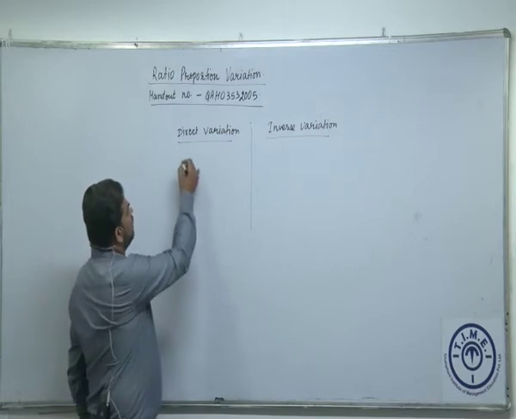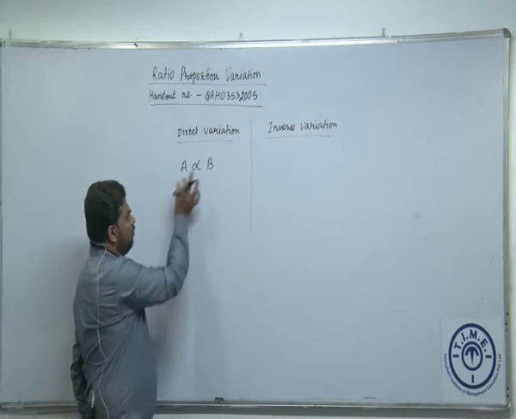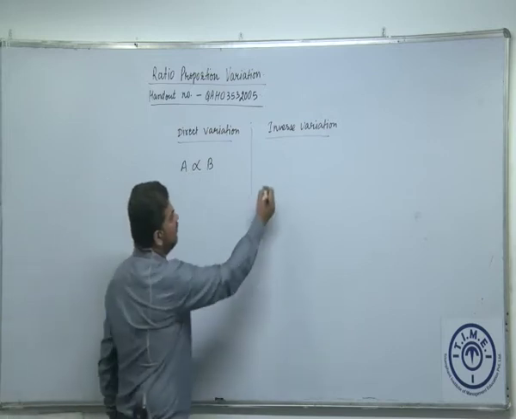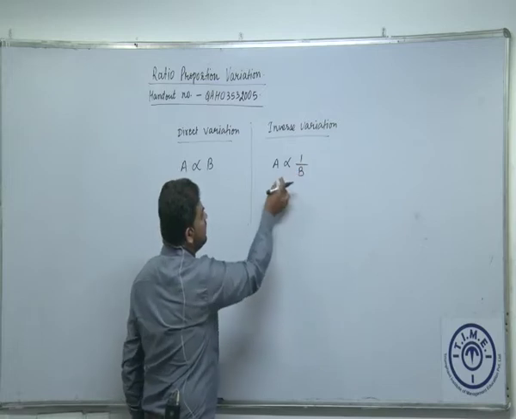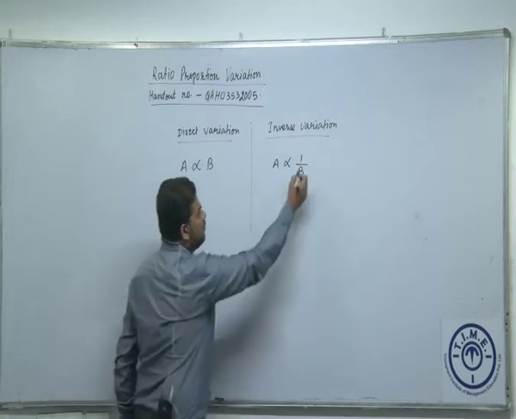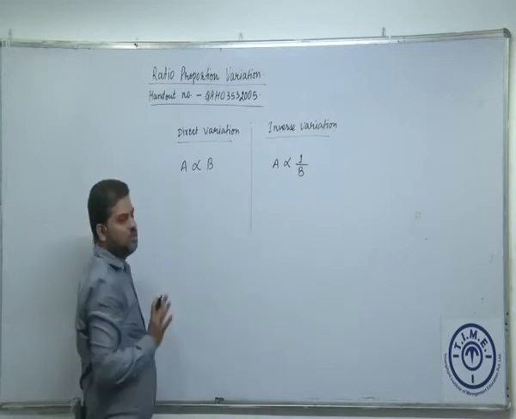So direct variation will be written like this: A directly proportional to B. This is the sign of proportionality. In case of inverse variation, A inversely proportional to B is written as A is proportional to 1 by B. This is the sign of proportionality.